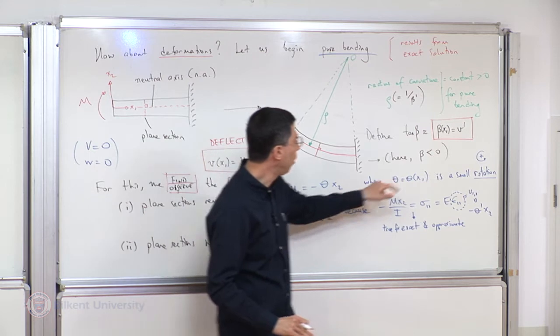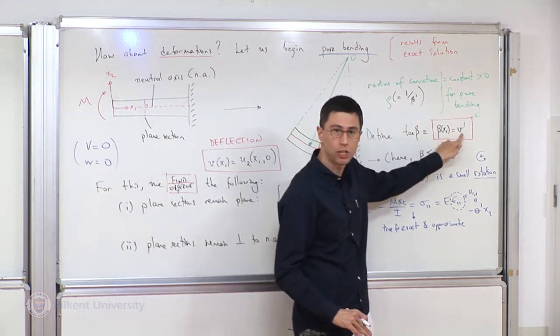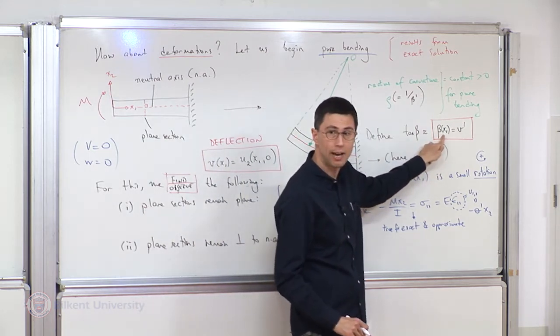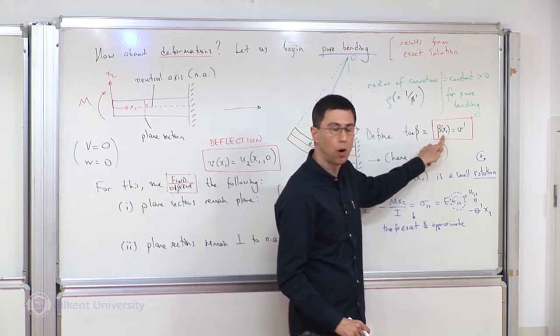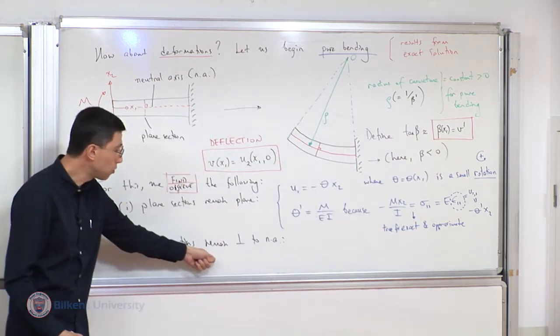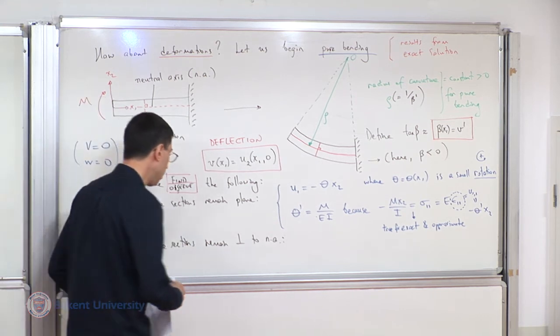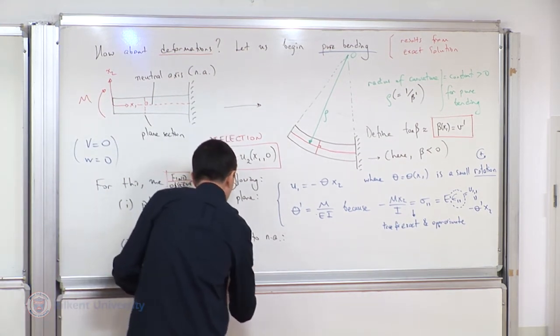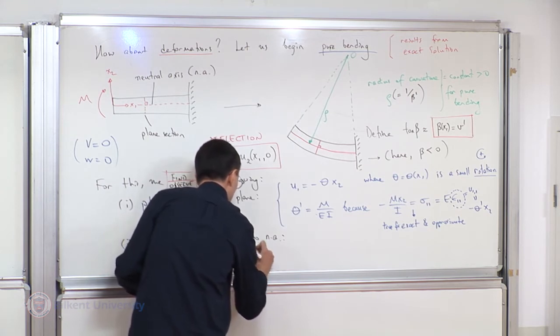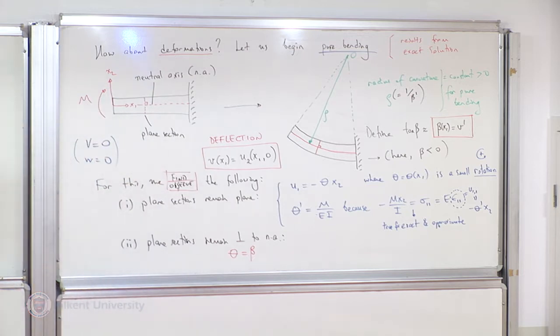Okay? But suppose I know the deflection, so I can calculate this angle beta. So plane sections remaining perpendicular to the neutral axis eventually invokes the conclusion that this unknown angle theta is exactly equal to beta. Okay?